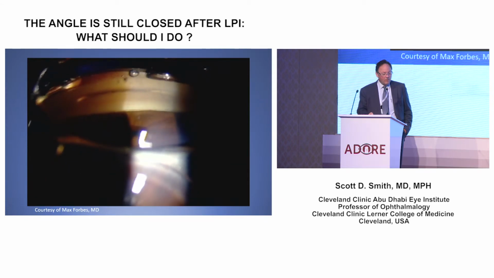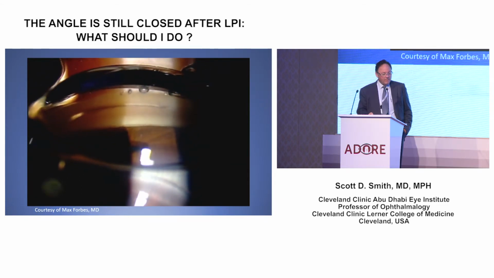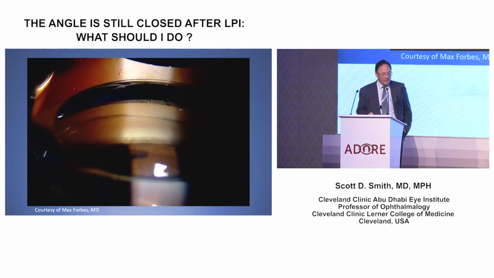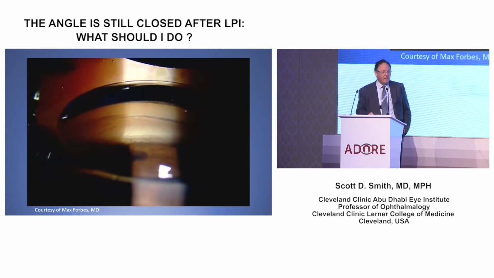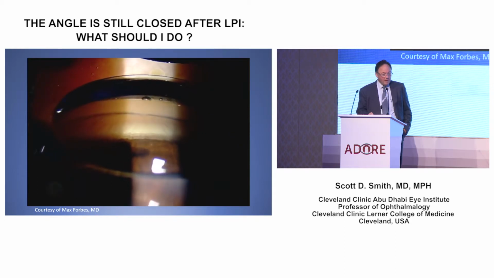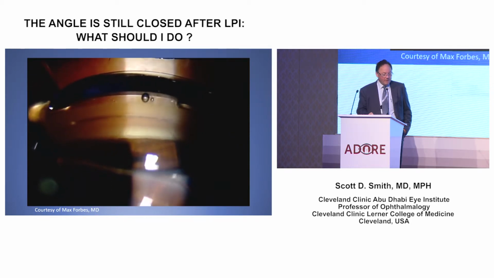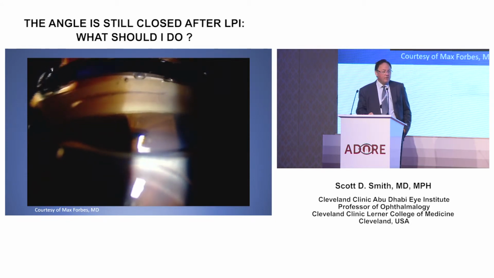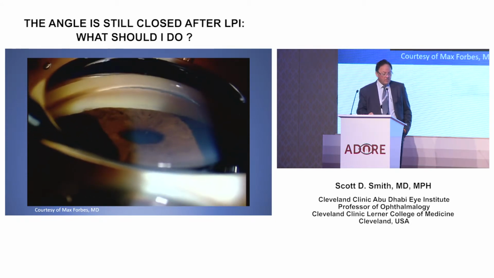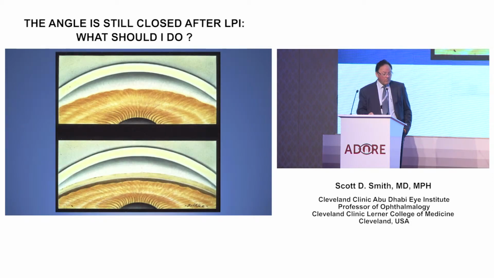And by pressing forward, here's the natural iris configuration with this convex iris, and when pressing, it flattens it out, and we can now see the trabecular meshwork. So mechanically opening the angle by pressure forward can help us to see whether or not there's synechial angle closure, and we want to do this before we do laser iridotomy, to get an idea in advance of what might happen.